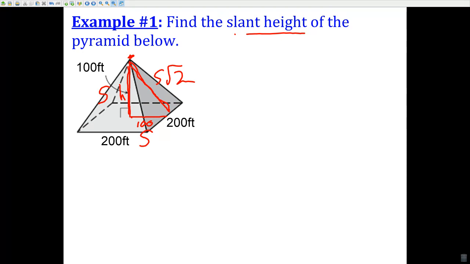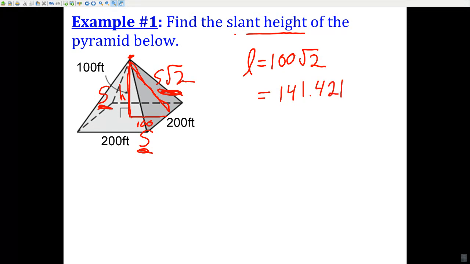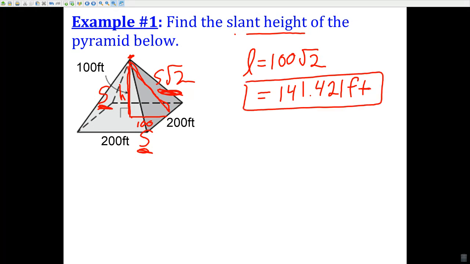So we can just call this slant height, L, equals 100 rad 2. Because this was 100, this was 100, so this is 100 rad 2. And if you punch that in the calculator, it should be about 141.421 feet. If you're getting a final answer there. So that's a good thing to know how to do.